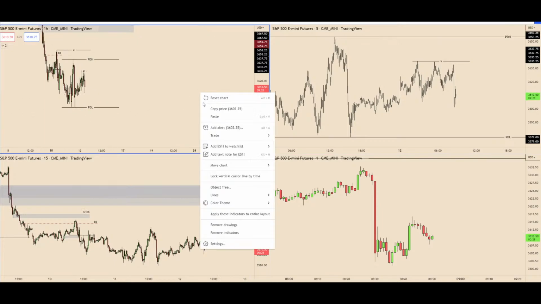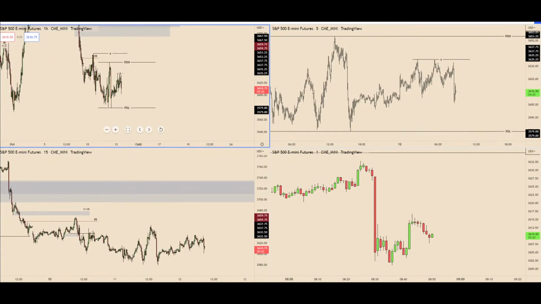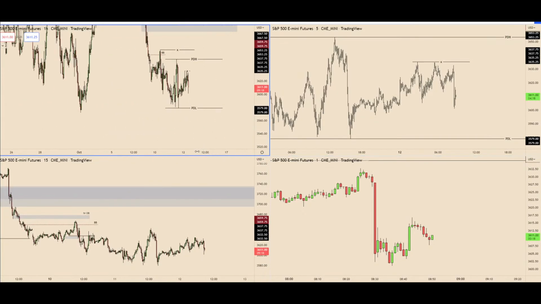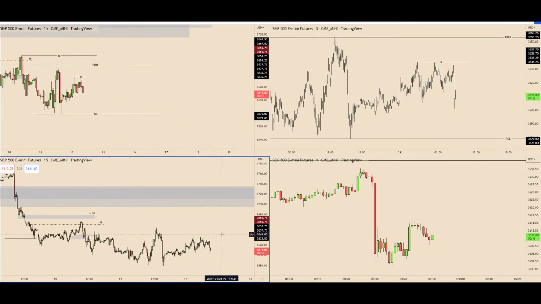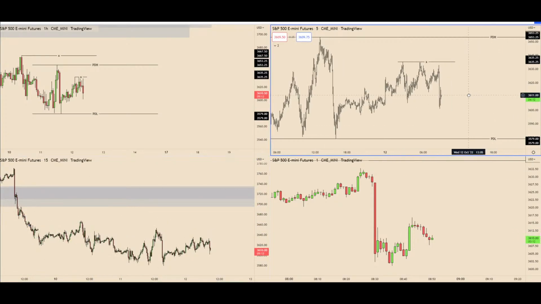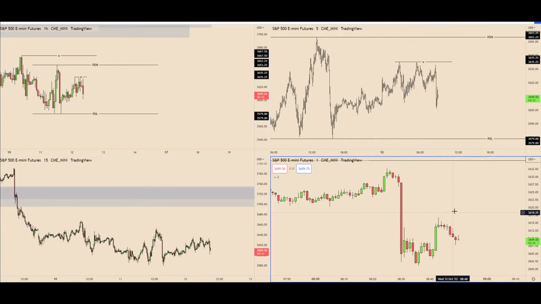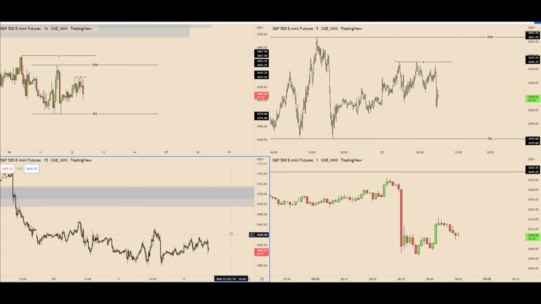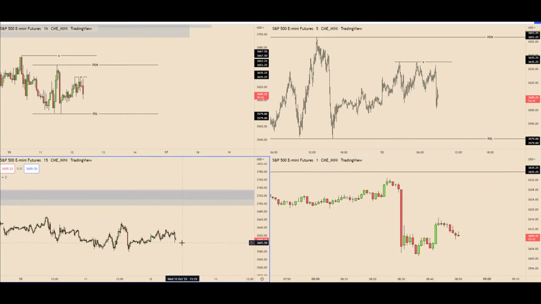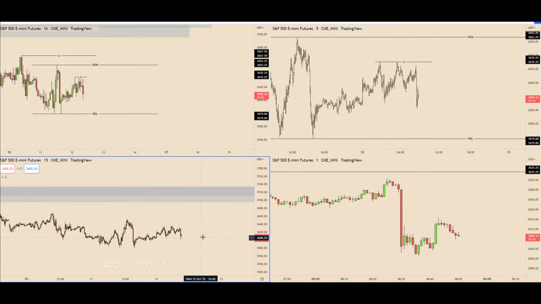It just applies the indicators. Oh wait, lines. That's all right. I don't really care too much as long as I have it on my higher time frame one. I'm just gonna delete these drawings. It's on 3 of them now, so maybe I did something. Oh well.